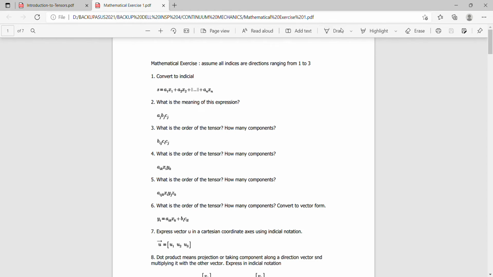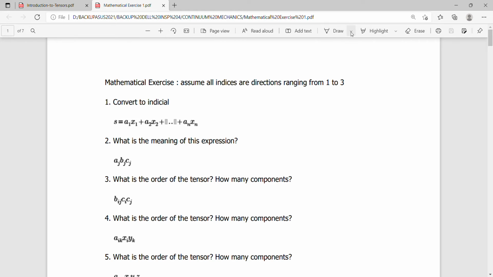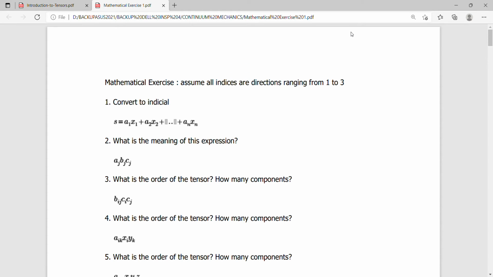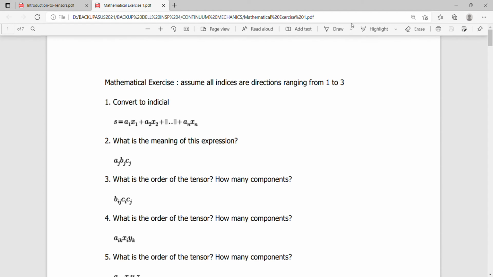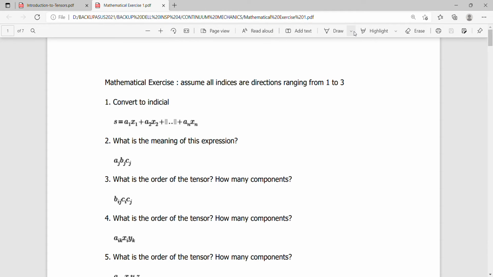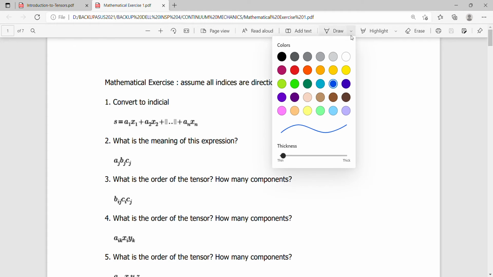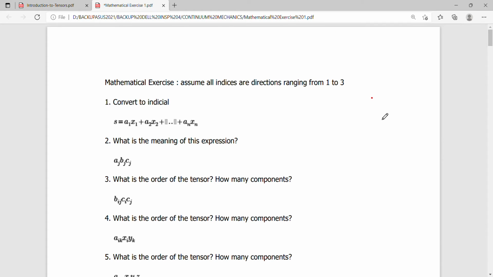So we have a couple of questions here to evaluate expressions, to scrutinize and understand very well how the language of tensorial mechanics works.